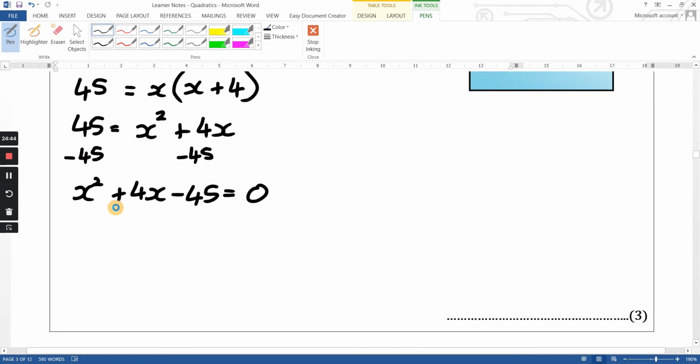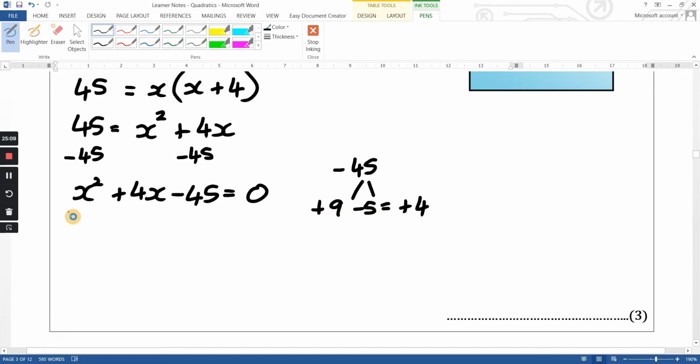Now we can factorize this. Let's think of 2 numbers that make minus 45, and at the same time add to give us positive 4. Could only be 9 and 5. And one of these has to be negative for this to work. So that has to be positive.